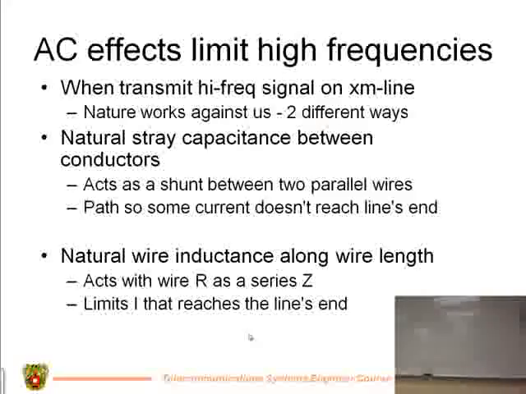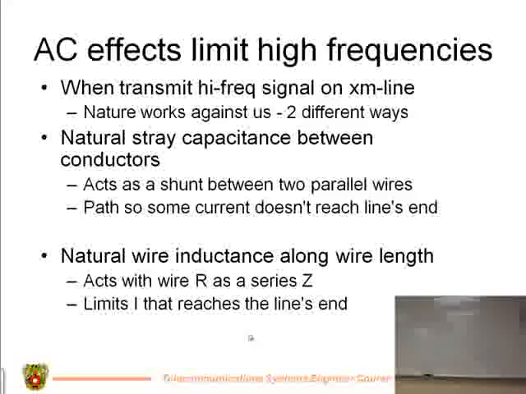Now, all of these things also increase with length. We already saw with inductors, the longer the coil, the more turns on the coil, the greater the inductance. Same thing with just natural inductance. Longer the wire, more inductance. Same thing with capacitance. Longer the wire, more area of capacitor we have, so the greater the capacitance.